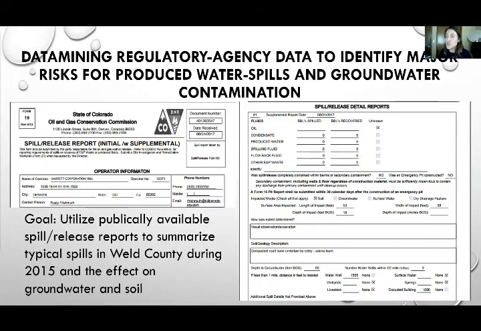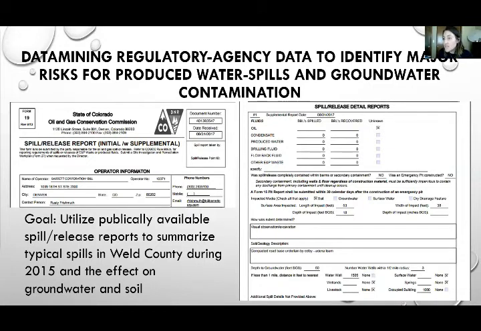Okay, then you'll also notice that it says the surface area impacted. So it gives you the length in feet and the width of the surface area that's been affected. And then they give some information about the type of soil.